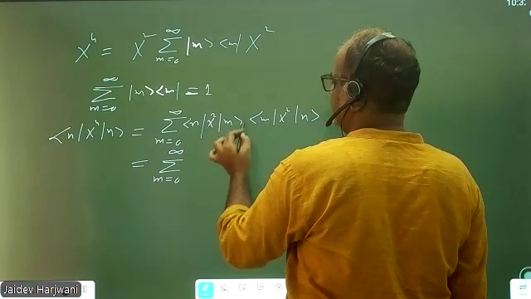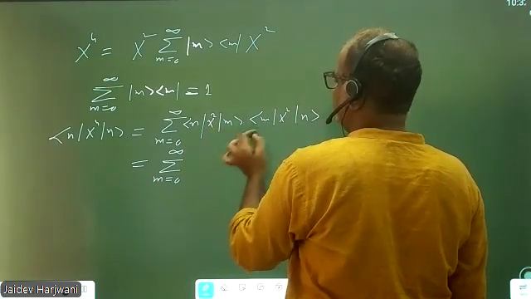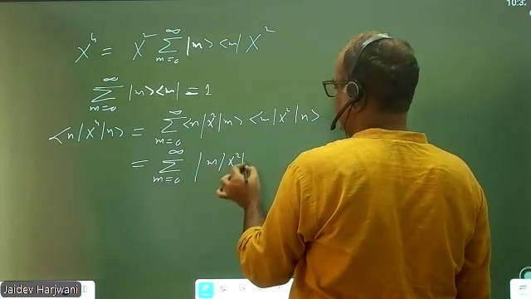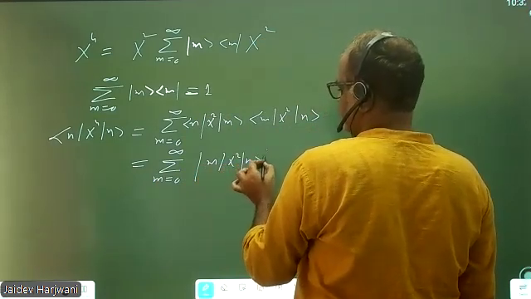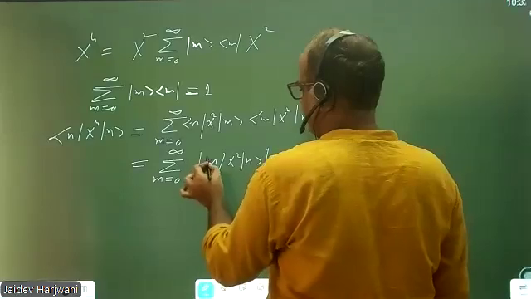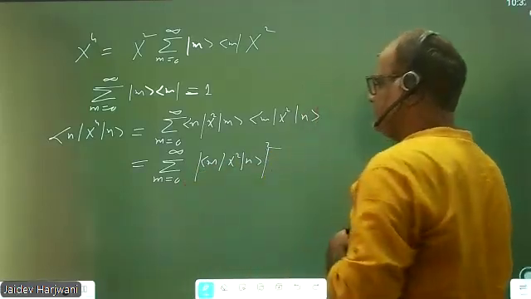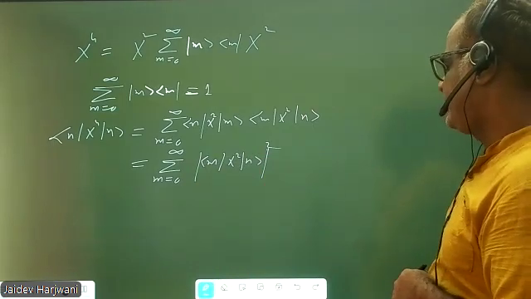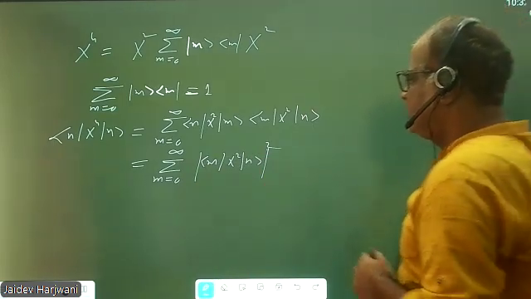This is the complex conjugate or adjoint of this one, so you can write this as the modulus squared of ⟨m|x²|n⟩. So we need to calculate this here, the non-zero values.